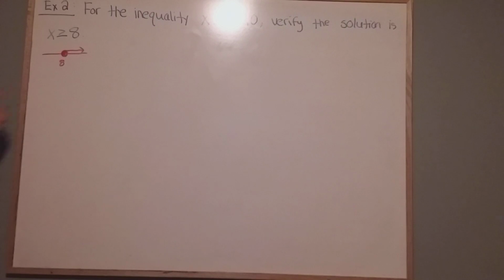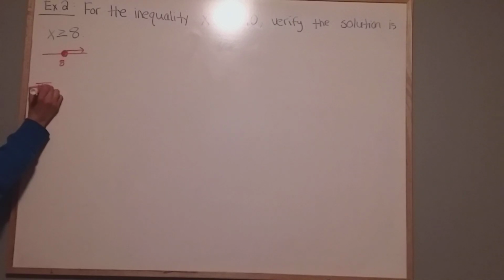That means I can choose 8 or any number larger, and it'll make my inequality come out to be true. So your first step is to pick 2 test points, meaning pick any 2 numbers you want. One has to be 8 because it says equal to 8, and the other one can be any number greater than 8. So I'm going to choose 8 first. So my test point is 8.